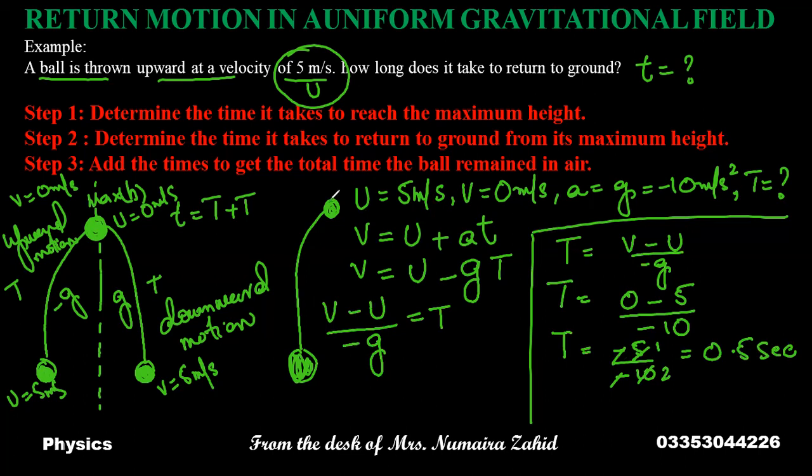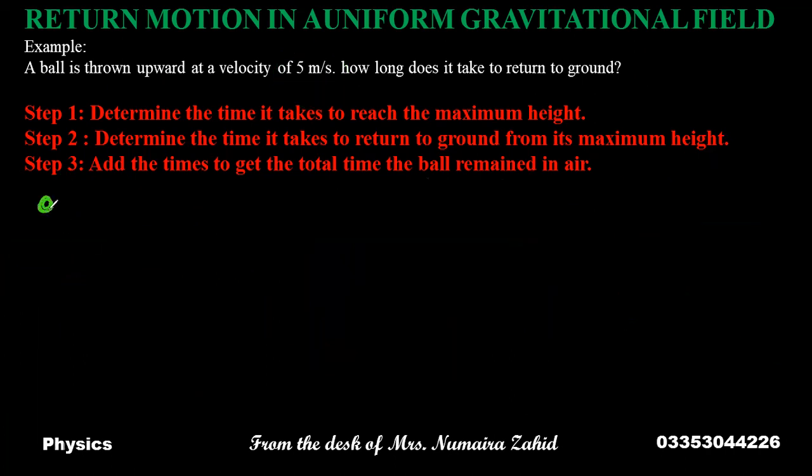So the time taken by the object to reach from this point to this point is 0.5 seconds. Similarly, we need to find the time it takes to return to ground from its maximum height. Now we are going to consider its downward motion again, and here we are dealing with this part.